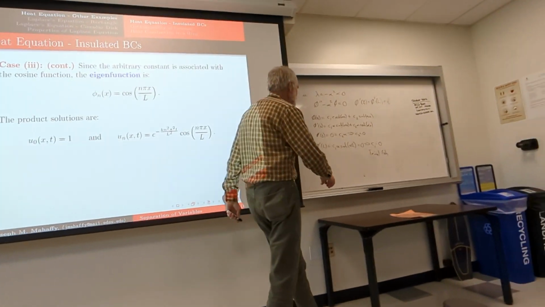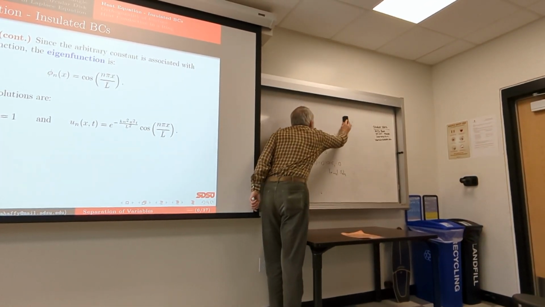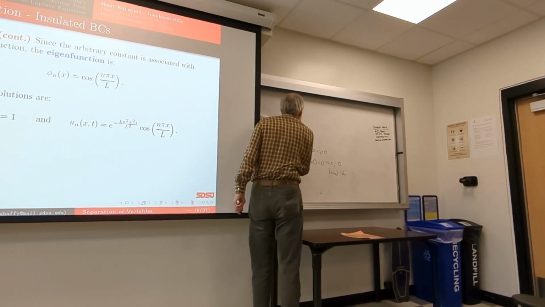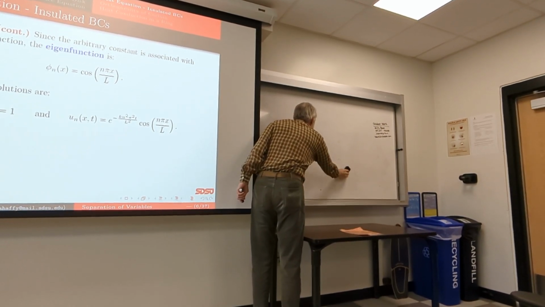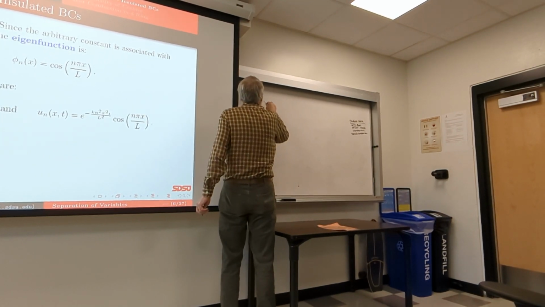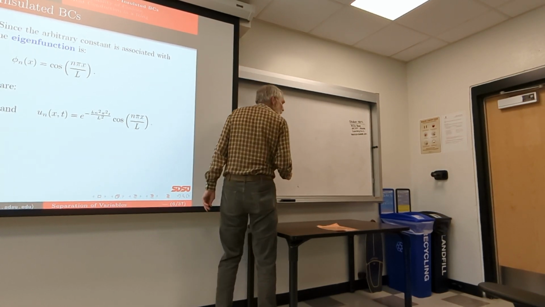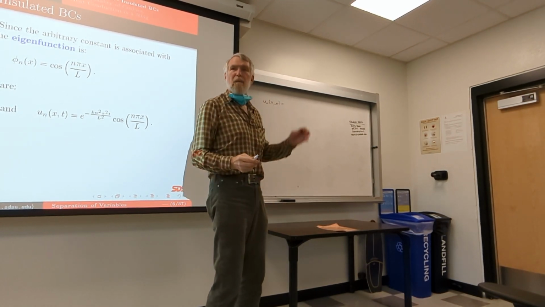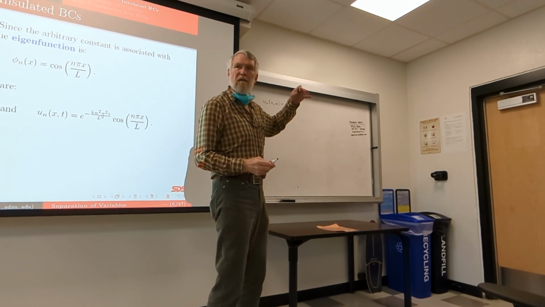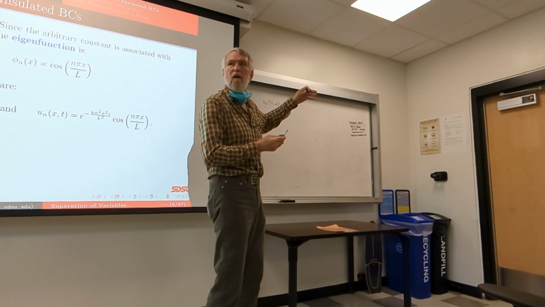So the product solution U0 of x and t: if I put 0 into that exponential decay for the G and multiply by my phi 0, we'll just get 1.